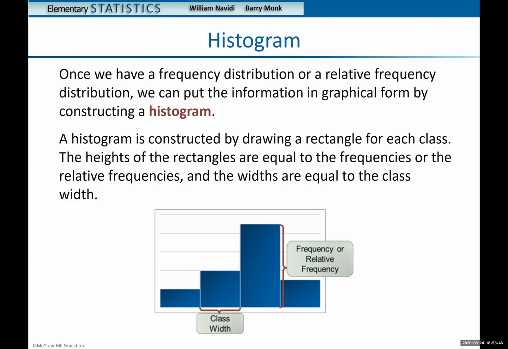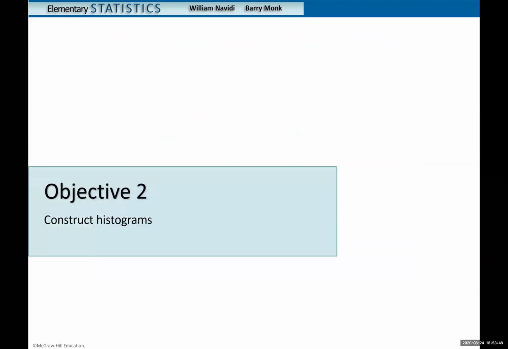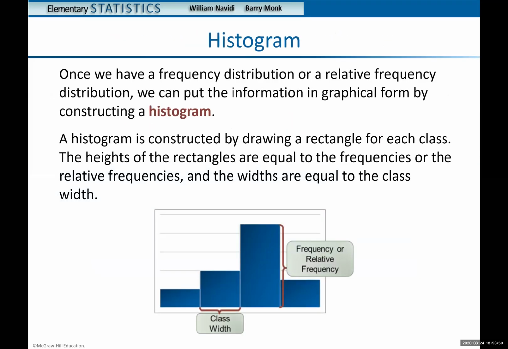So this time, with quantitative data, we're going to use histograms. A histogram is constructed by drawing a rectangle for each class, just like the bar graphs. The heights of the rectangles are equal to the frequencies or the relative frequencies, and the widths are equal to the class width.